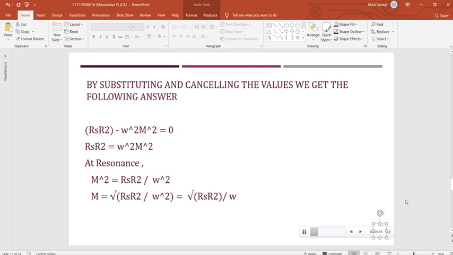At resonance, M square equals Rs R2 divided by omega square. By taking the root on both sides, M equals the root of Rs R2 divided by omega square. Finally, we get the root of Rs R2 divided by omega.